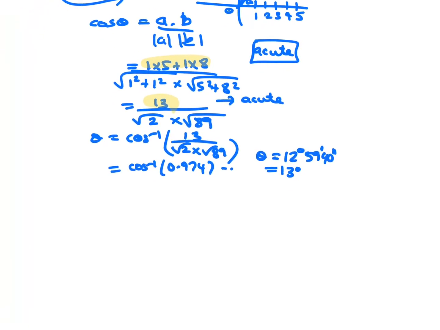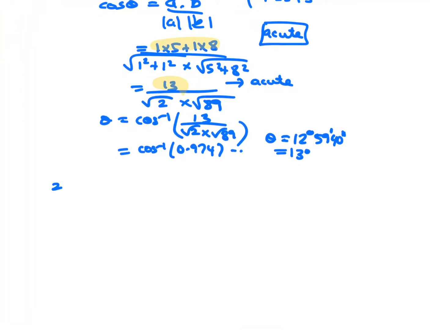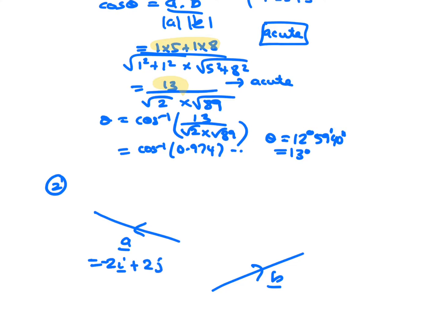Now, if it is an obtuse angle, let's say we had one vector going in this direction, we'll call that A, and then another one going in that direction, which I'll call B. A here is minus 2i plus 2j, and B here is 5i plus 3j.